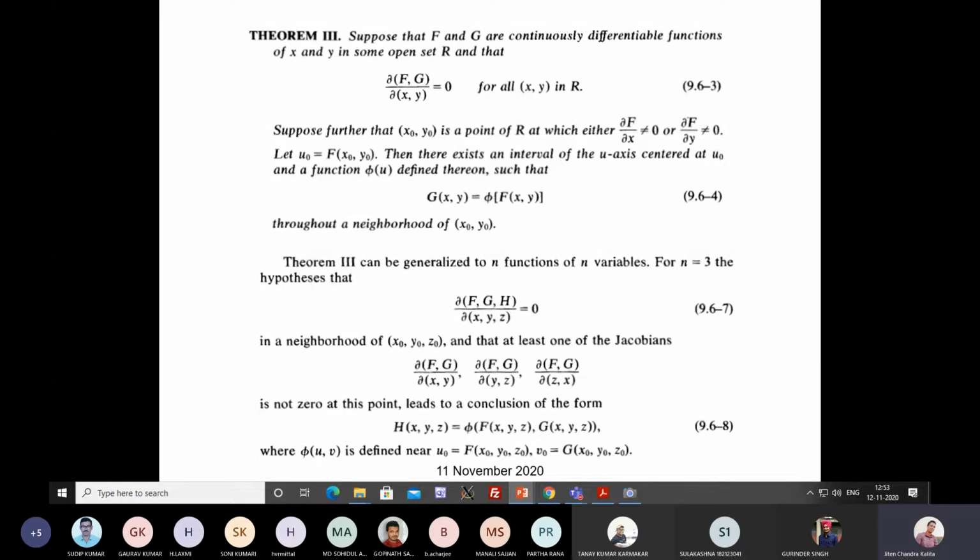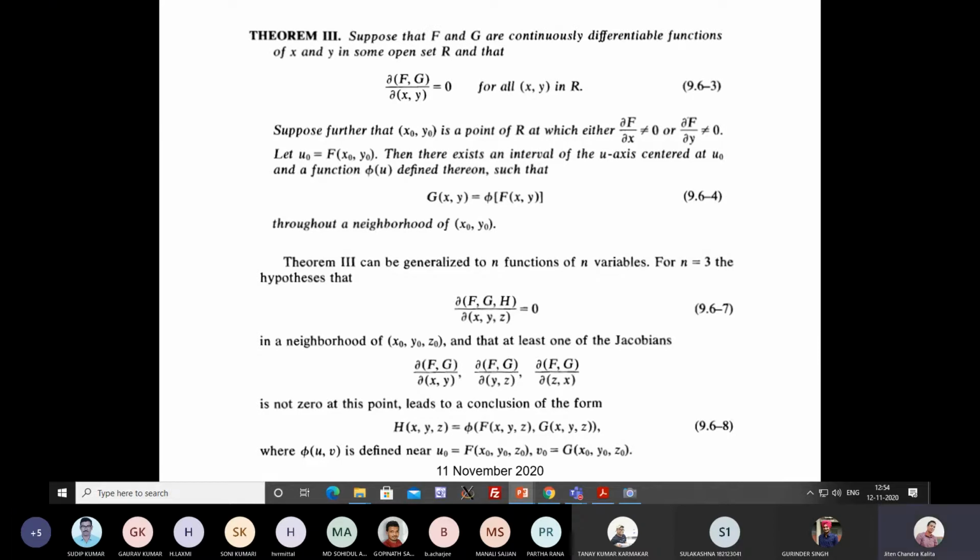What does it tell you? That you have a Jacobian of order 3 of 3 functions f, g, and h with respect to x, y, z. If in a neighborhood of some point x naught, y naught, z naught at least one of the Jacobians is non-zero at this point, it leads to the conclusion that I can always have h expressed as a function of 2 variables, and those variables are nothing but f and g.